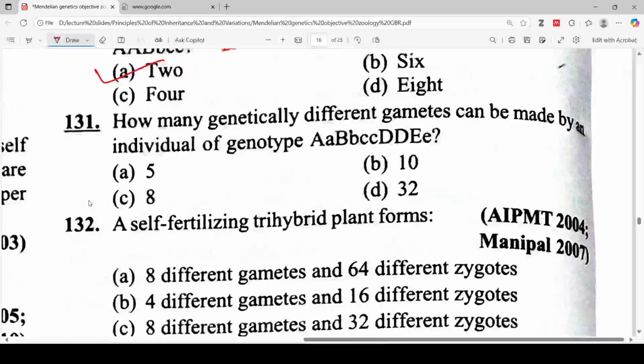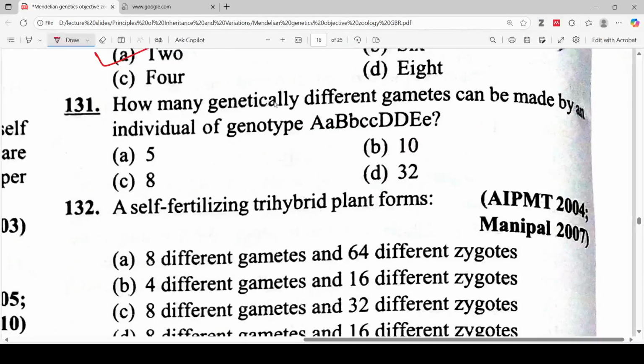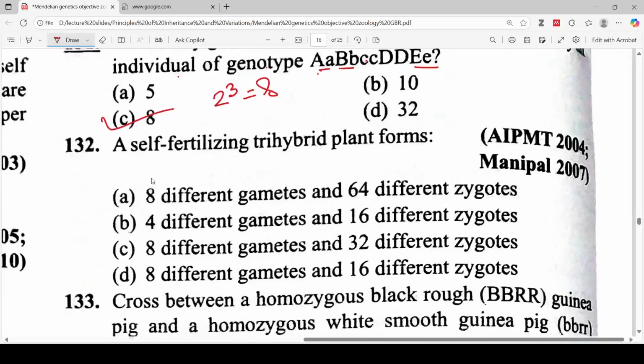Next question, how many genetically different gametes can be produced by an individual of this genotype? This is heterozygous, this is heterozygous: 1, 2, 3. The number of heterozygous genes is 3, so the correct answer will be 8.